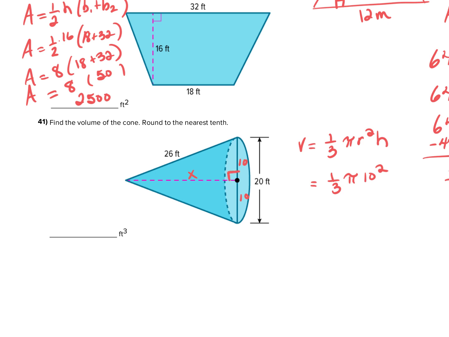Now, even though the right angle wasn't drawn there, we know that the height of any figure has to be perpendicular to the base for it to be the height. So I can draw the right angle in there. And what I have is a right triangle, very similar to our other problem.